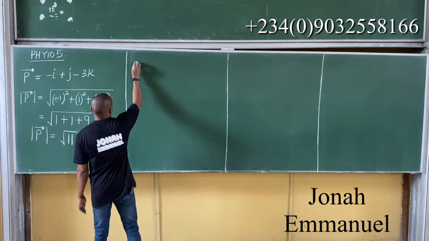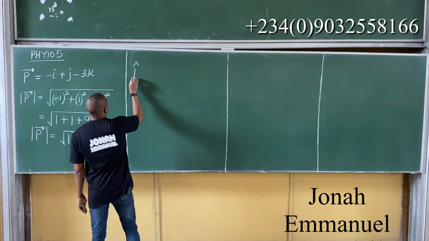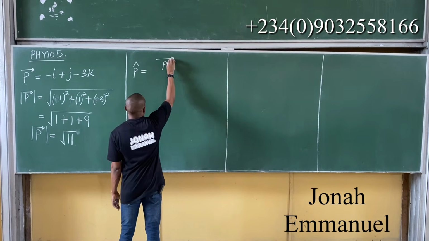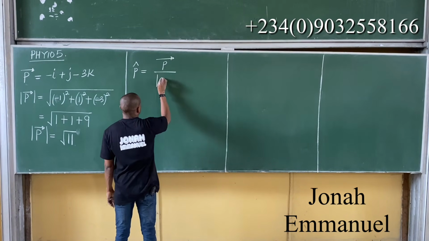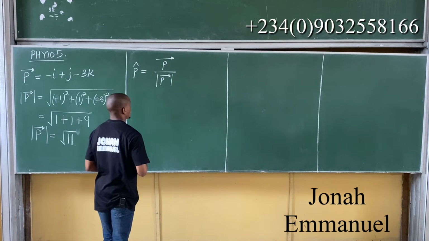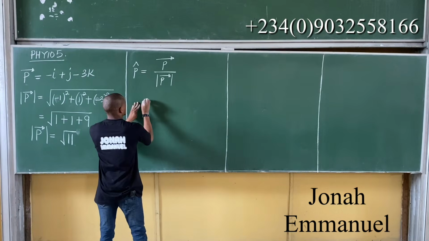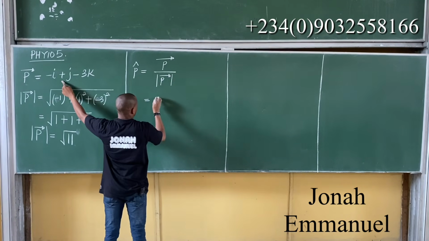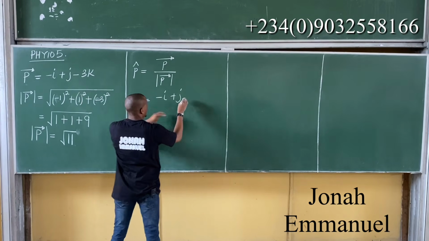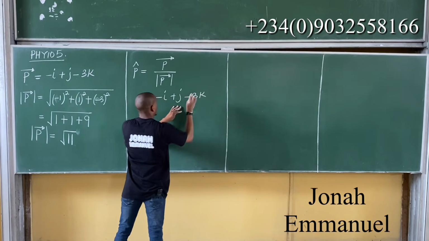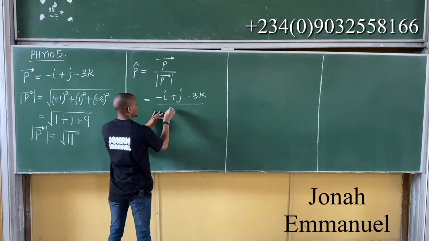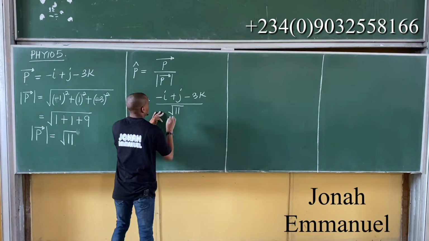Let's now get the unit vector of P. The unit vector of P is now equal to the position vector of P all over the magnitude of P. Alright, so input values. This will now be equal to minus I plus J minus 3K all over the magnitude, which is square root of 11.